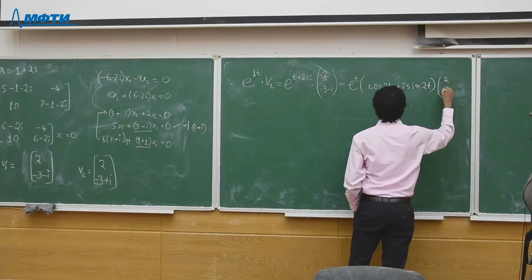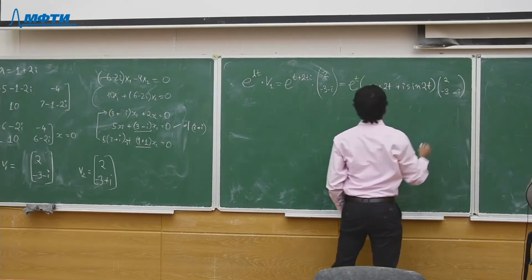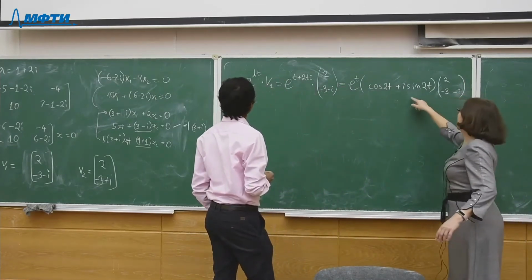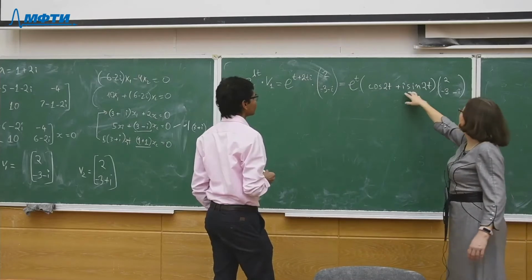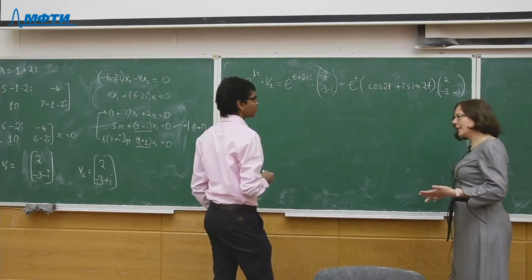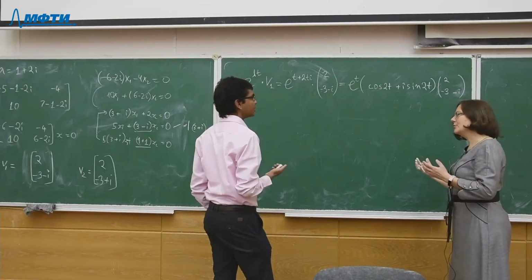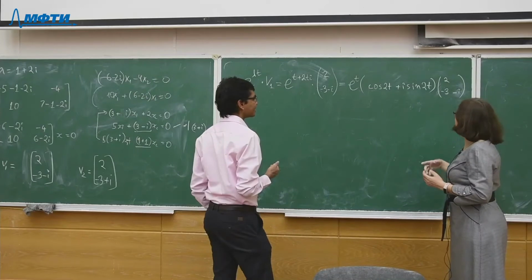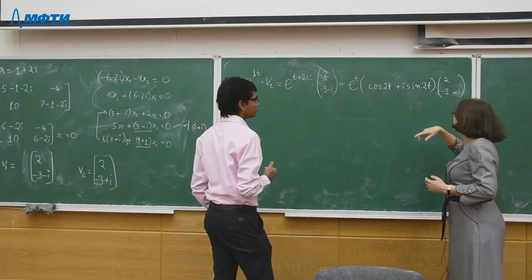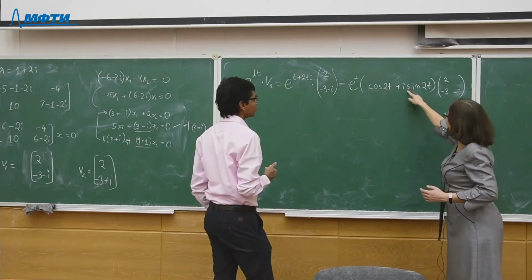(2, -3 - i). Well, next we should perform the multiplication. Multiply this number by each component of this vector and take the real part of the resulting vector and the imaginary part. And what do we do with the imaginary part? For this complex number, this is a real part and this is an imaginary part.